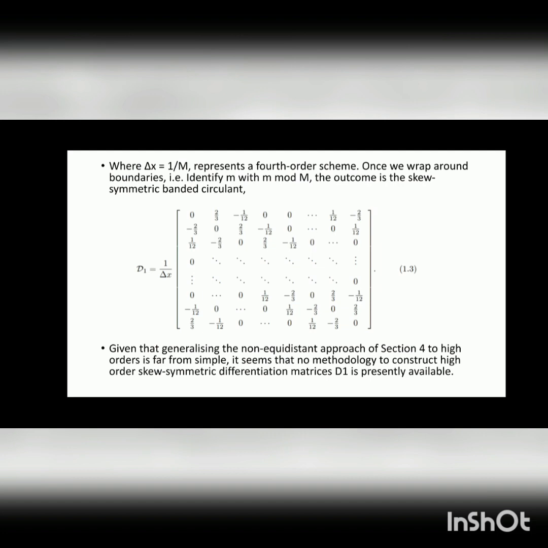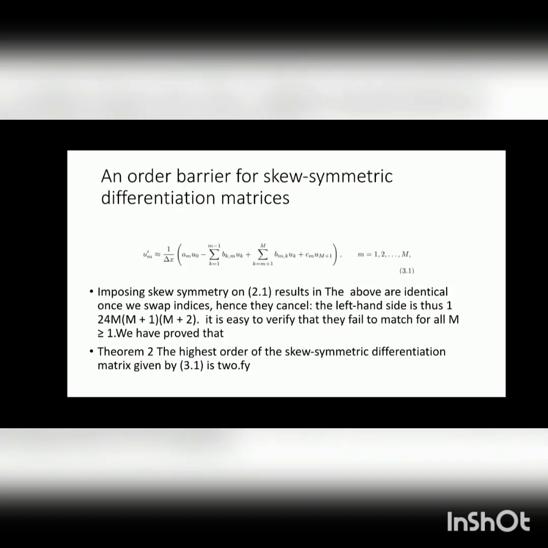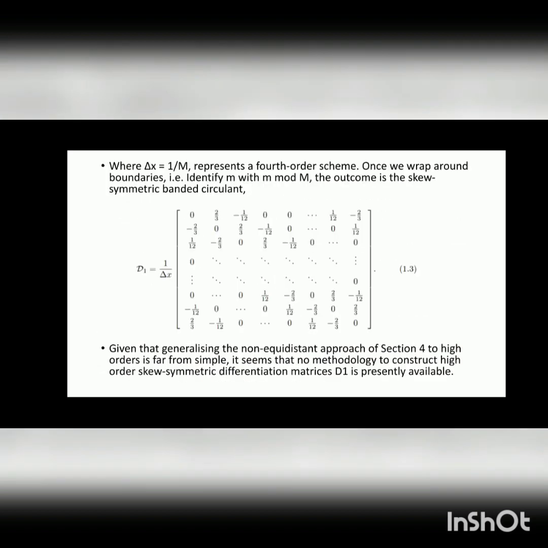See, the above matrices show that where delta x equals 1 by M represents a fourth order scheme, once we identify m with m mod capital M. The outcome is the skew symmetric banded circulant.